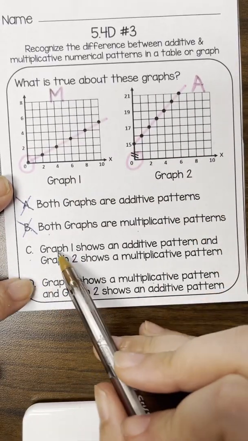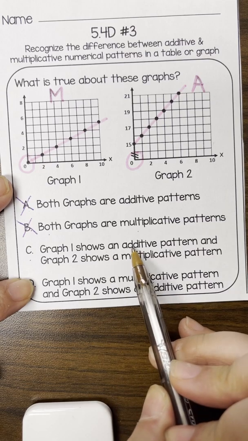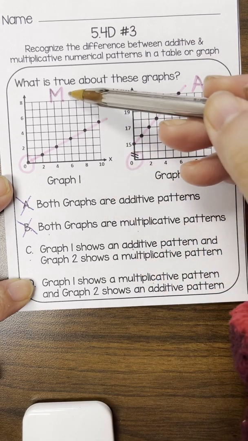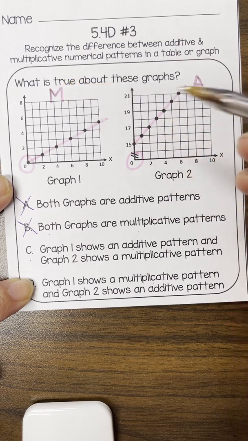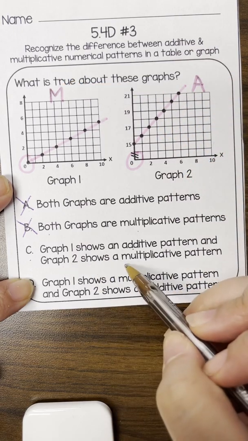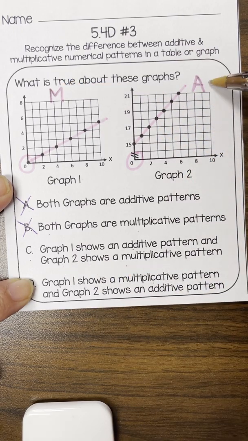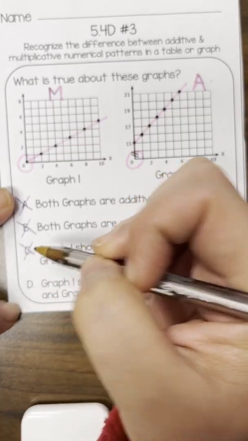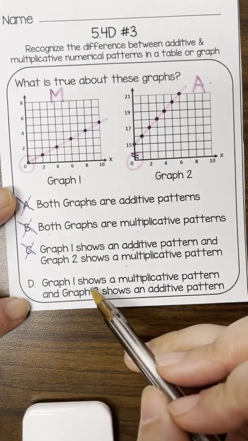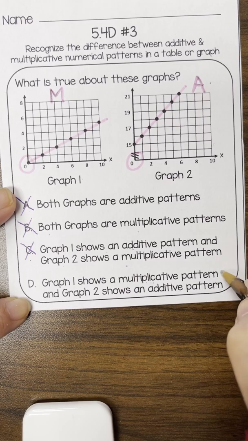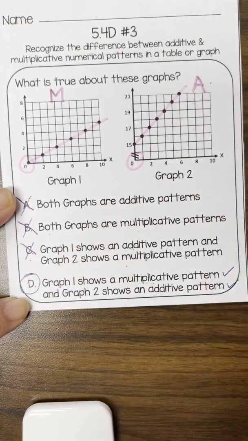Letter C says graph number 1 is additive. Graph number 1 is not additive. It's actually multiplicative. Graph number 2 is multiplicative. Nope. Graph number 2 is additive. So we're going to cross that out. Let's look at letter D. Graph number 1 is multiplicative. Yes. And graph number 2 is additive. Yes. So this is correct.